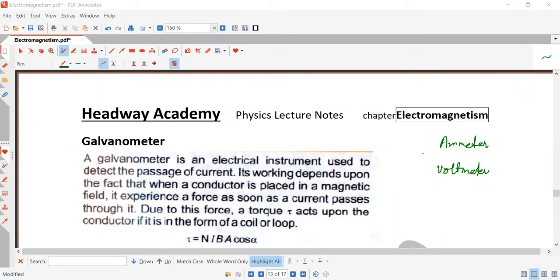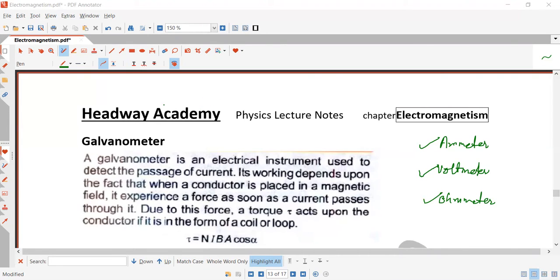Students, I'm telling you that the devices to measure current like ammeter, and the voltmeter to measure the potential difference, and even the ohm meter which measures the resistance, they are basically consisting of a galvanometer inside, right?